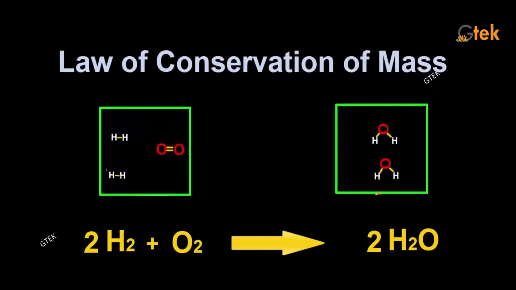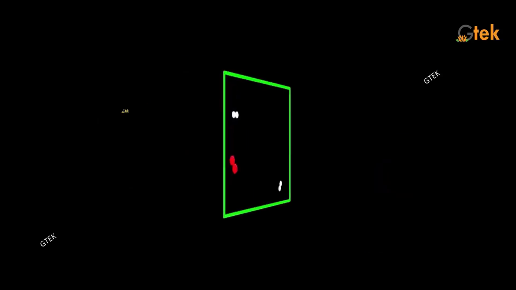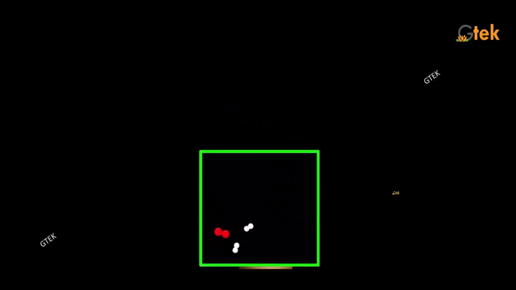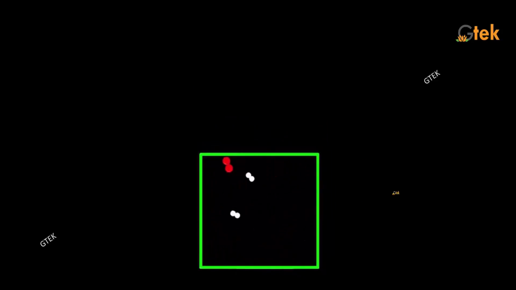So this shows the law of conservation of mass, which indicates the total mass of reactants is equal to the total mass of products. That's referred to as the law of conservation of mass.